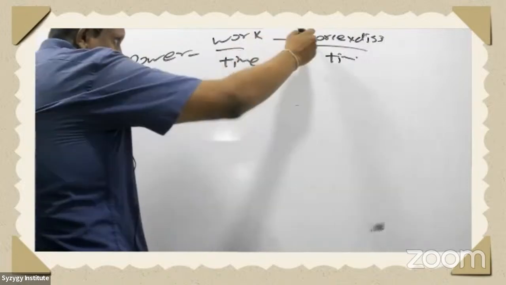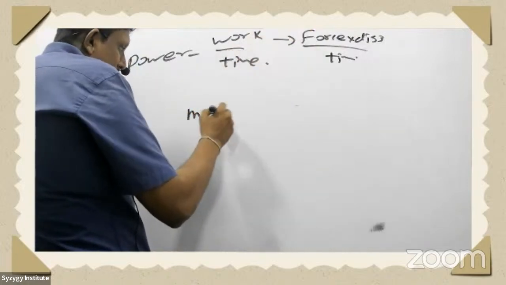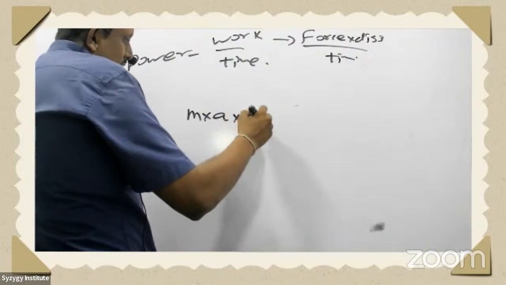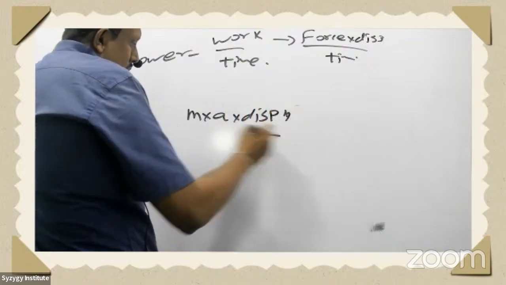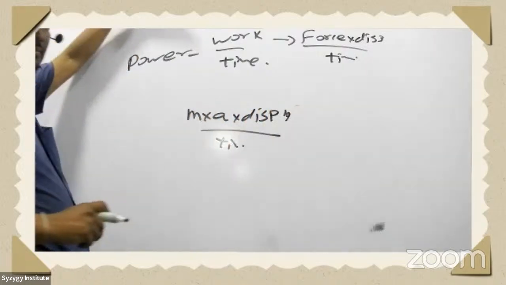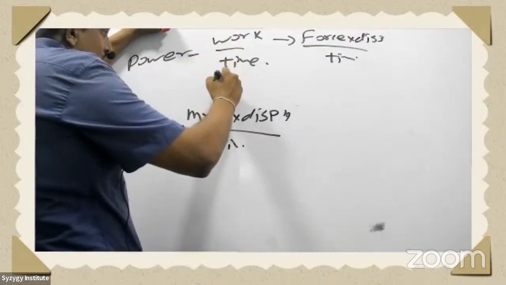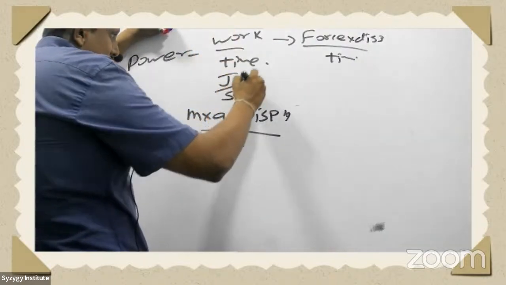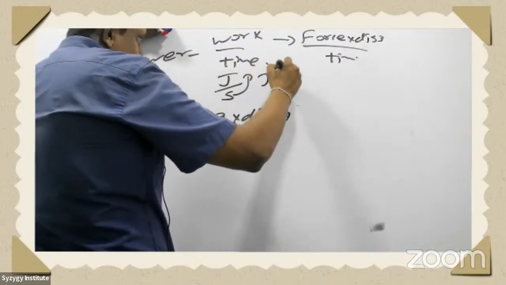Then force you can write as mass into acceleration, into displacement over time. Work you can write in joule, time in second. You can write J s minus 1.